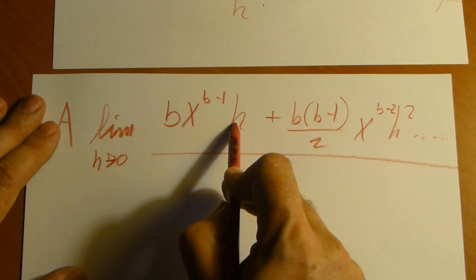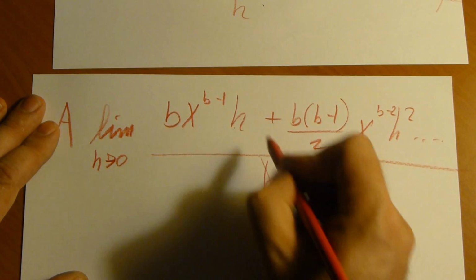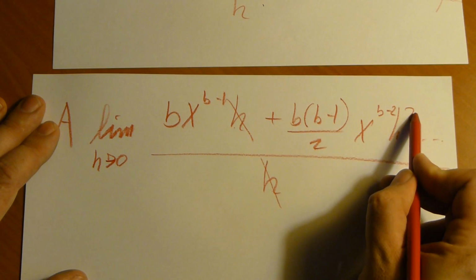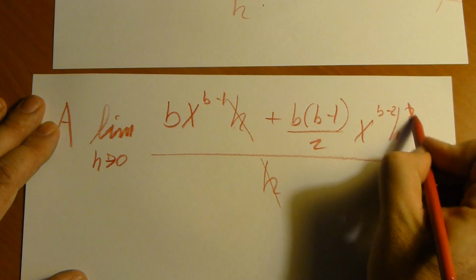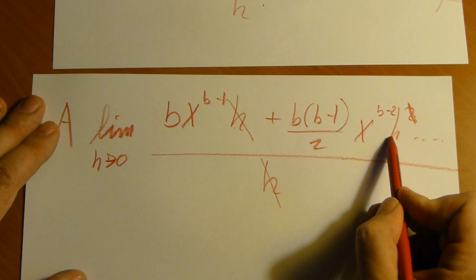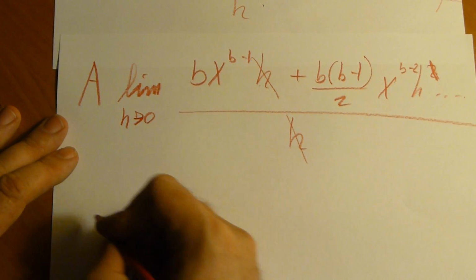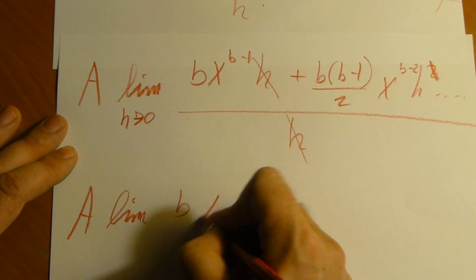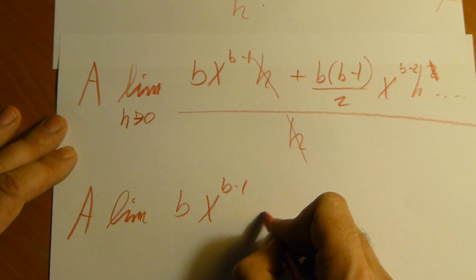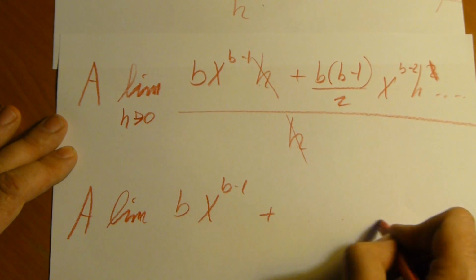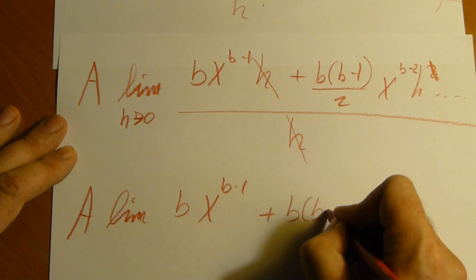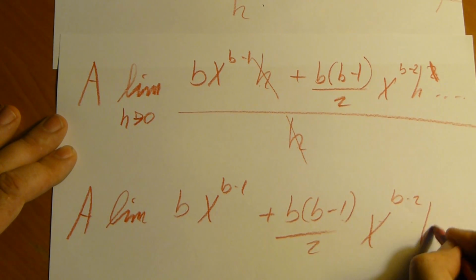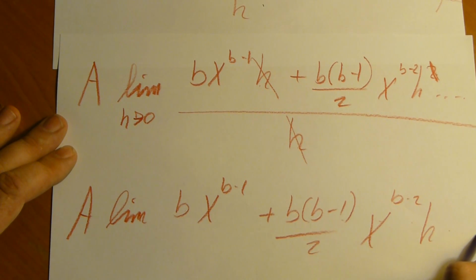Now this term right here, h over h, is going to cancel out. Our higher terms will lose a power of h, but we still have an h. So we have the limit of b x to the b minus 1 plus a bunch of terms that have higher powers of h.